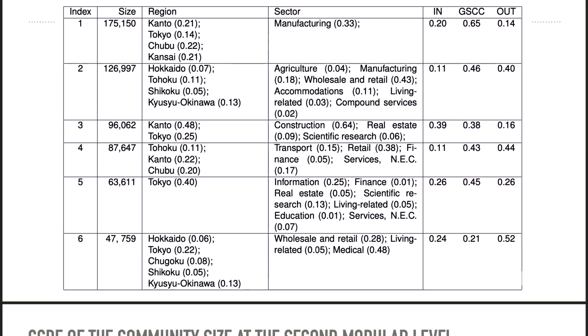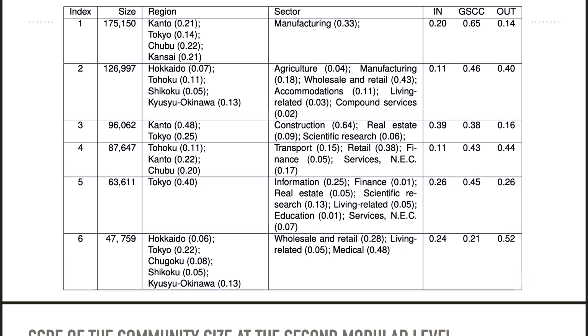Similarly, we look at the overexpression in the second largest community, which is mostly agriculture, wholesale and retail, and food-related sectors. This is manufacturing of food. These are more regional, less urban, less city-oriented parts of Japan, and the second community is constituted by those regions.